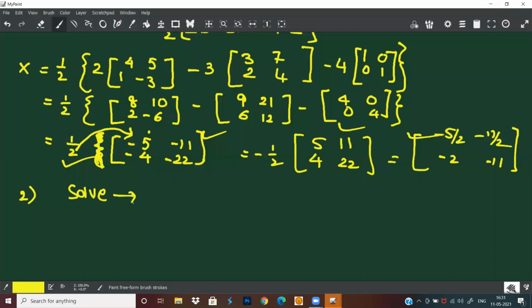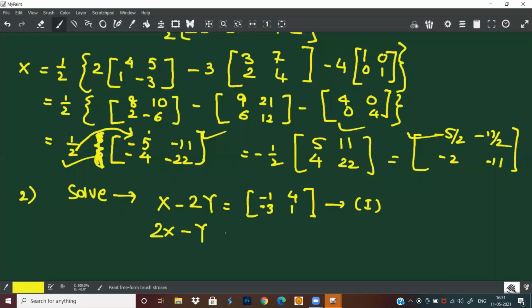Now solve the equations. X minus 2y is minus 4, 1, minus 3 and 1. This is equation number 1. And equation number 2 is 2x minus y, 1 minus 1, 3, 2.